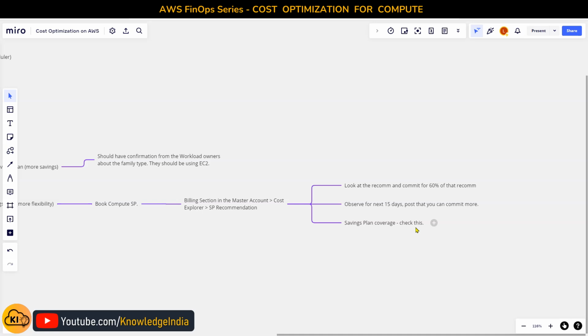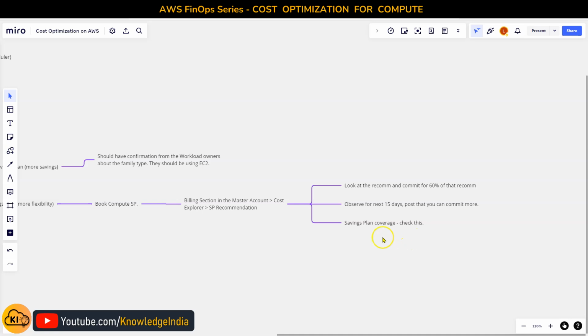There are resources in your organization which run 24/7, and there are other resources which run for, let's say, 8, 10, or 12 hours in a day. For things running only 8, 10, or 12 hours a day, probably on demand is the best pricing plan, right? You don't need to commit and try to get lower cost, because that is anyway on demand, and those resources are not running 24/7. Those resources are probably not going to run on the weekend.